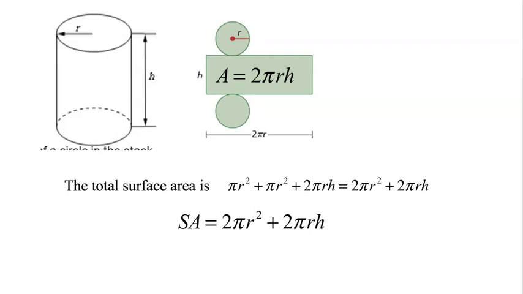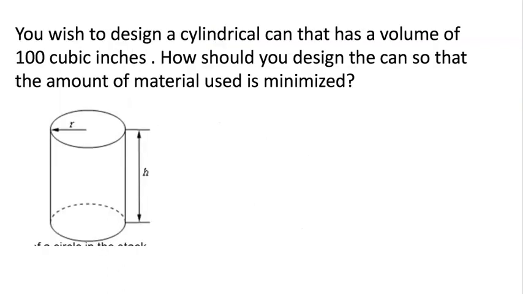And we do that by using our volume. So if we go back, what did we say early on? The volume of the can is 100 cubic inches. What is the volume of a cylinder? Area of the base times the height. The volume of the cylinder is pi r squared times h. So pi r squared times h would have to equal 100.